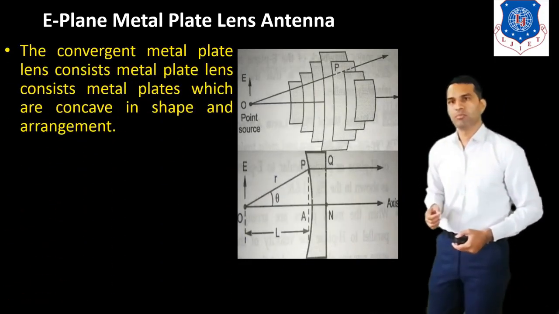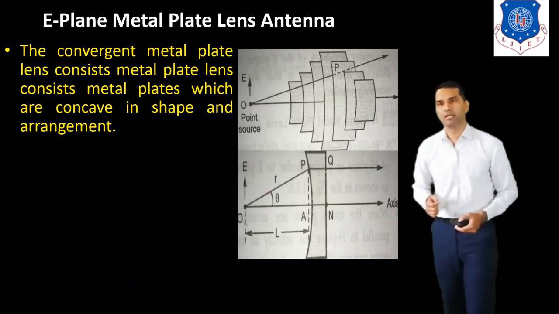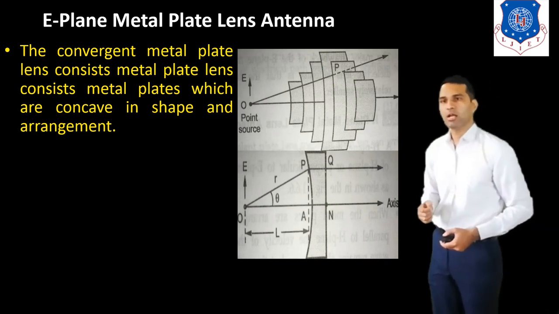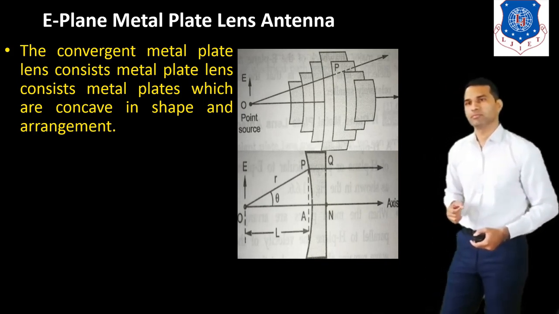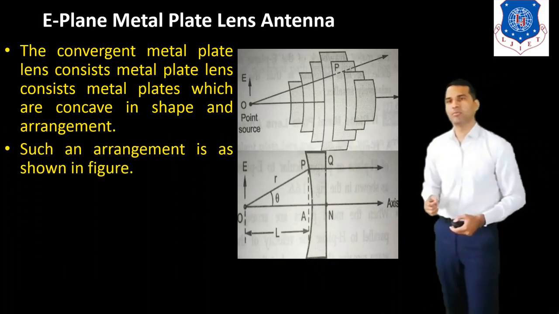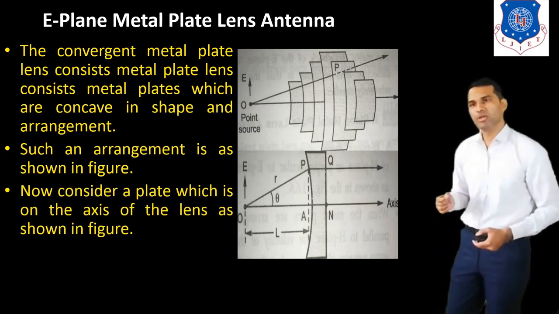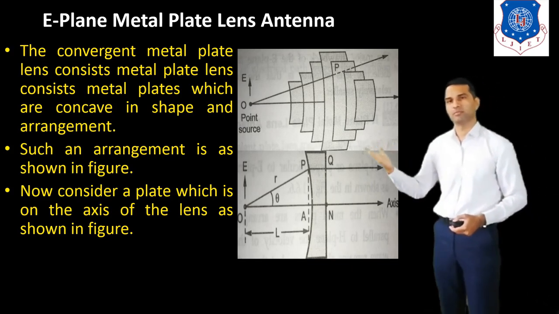The converging metal plate lens consists of metal plates which are concave in the spacing arrangement. Such an arrangement is shown in the figure. Now consider a plate which is on the axis of the lens, as shown in the figure here.